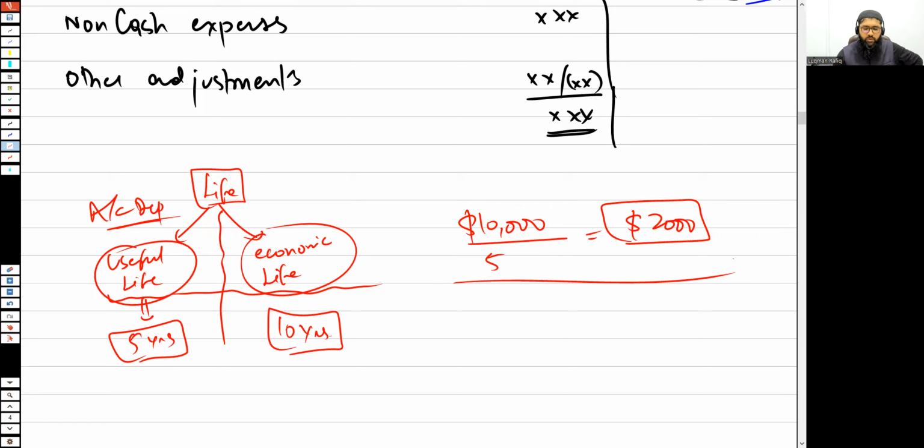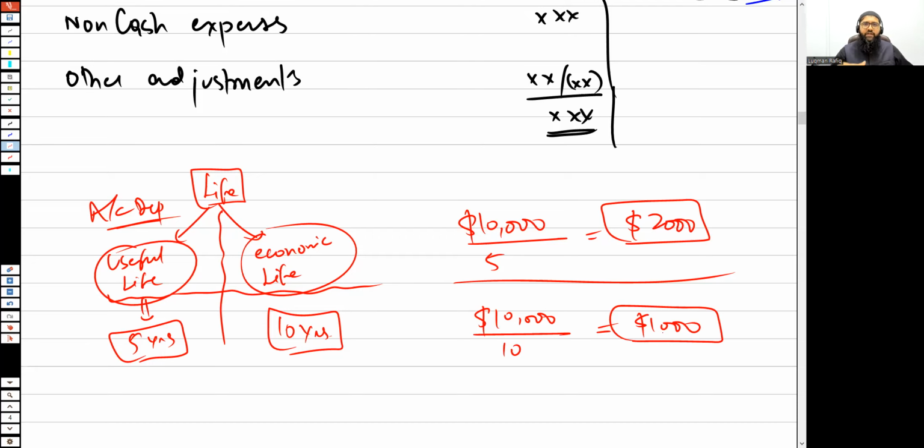But realistically, the value of the asset has gone down by only $1,000. You get my point? The value of the asset has actually gone down by $1,000 only.